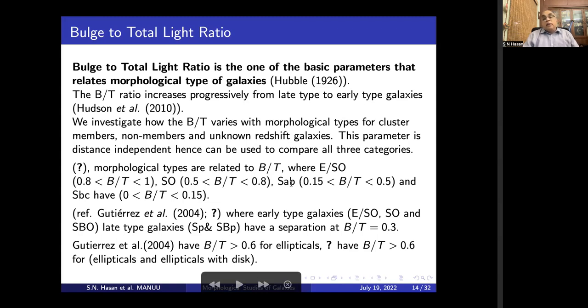And for spirals, B by T lies between 0 and 0.5.